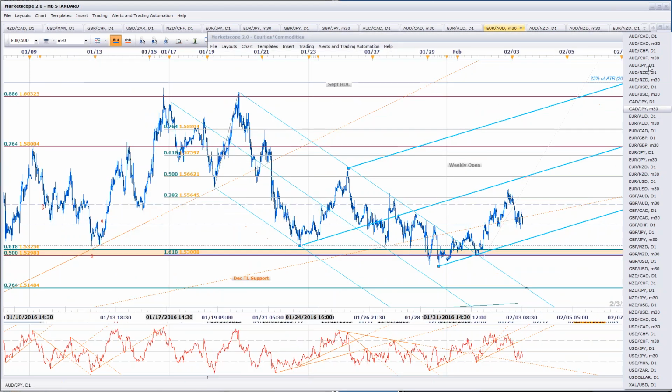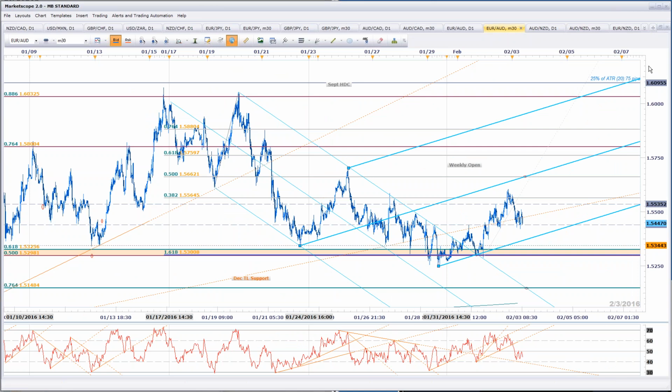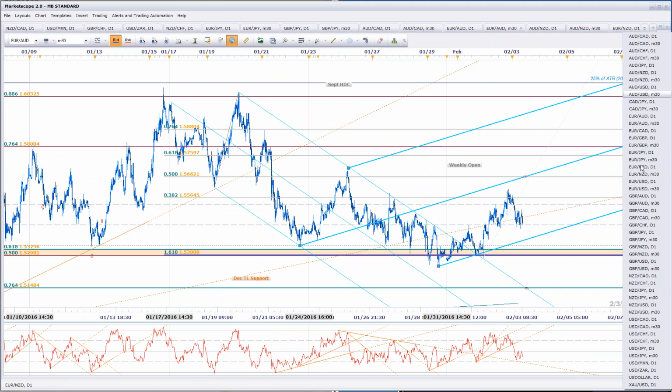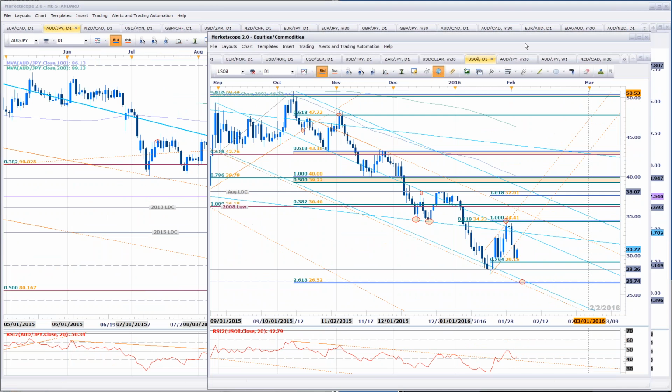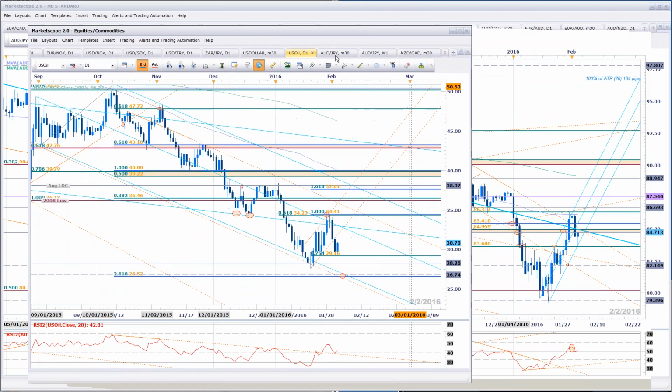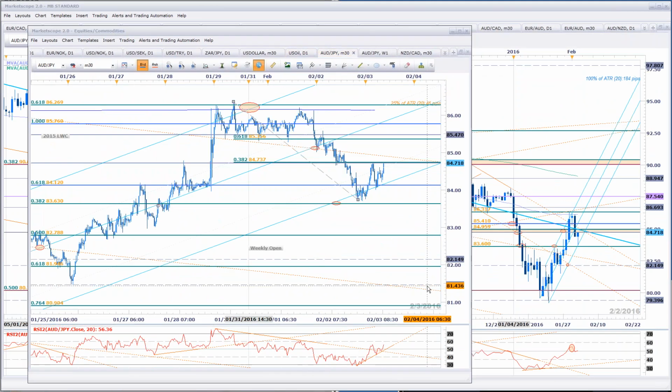So, Minho, here's Aussie yen on the daily, and here's Aussie yen on the 30-minute. So we're coming off of this support, basic trendline support, and the basic theme is this: the opening range broke to the downside for the week.